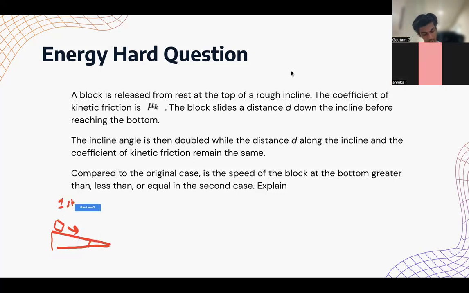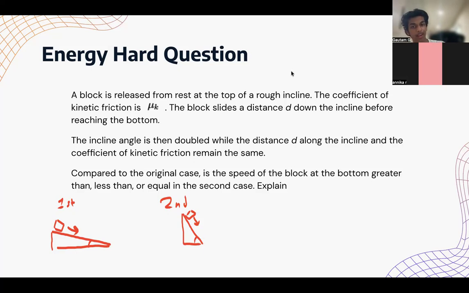The second case is then everything stays the same except for the angle, correct? The angle gets doubled. Let's say this becomes the angle. And now the box is going down this incline, correct?